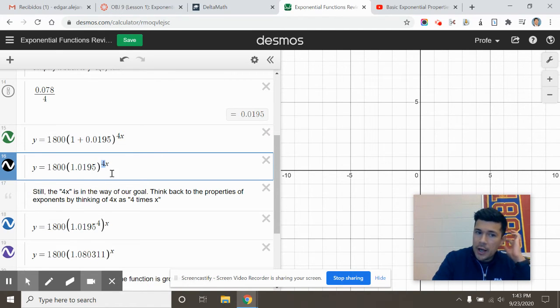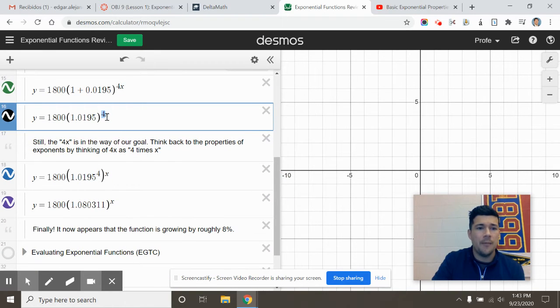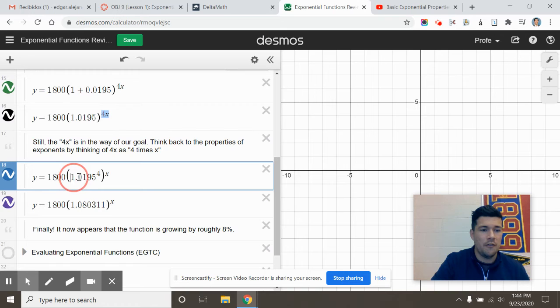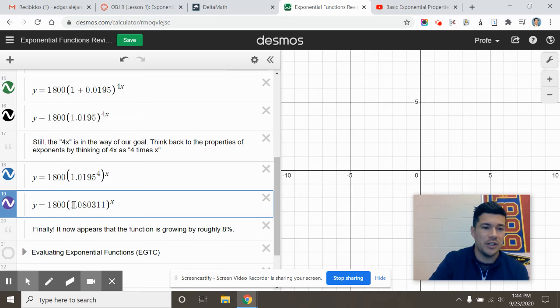So what you're going to have to do in these cases is think of your exponential properties. 4x is really the product of 4 and x, which if you reverse the product property of exponential functions, you can think of that b value as 1.0195 to the 4th power. And that is an equivalent function right there. That decimal to the 4th power actually is 1.08, with a few more decimals.